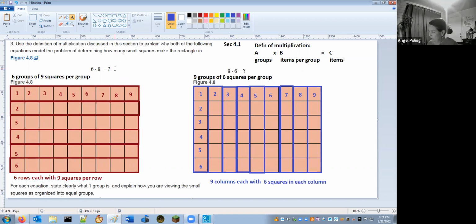So each of these equations is valid depending on which image you provide. Okay, let's go ahead and save this.